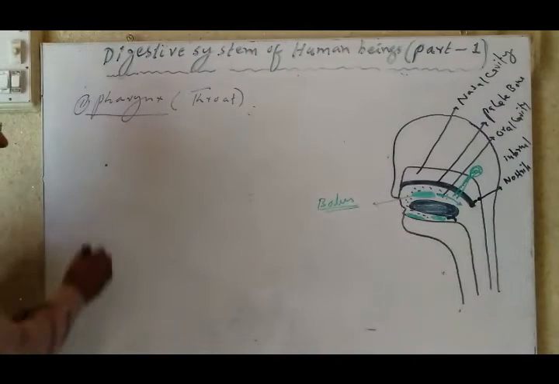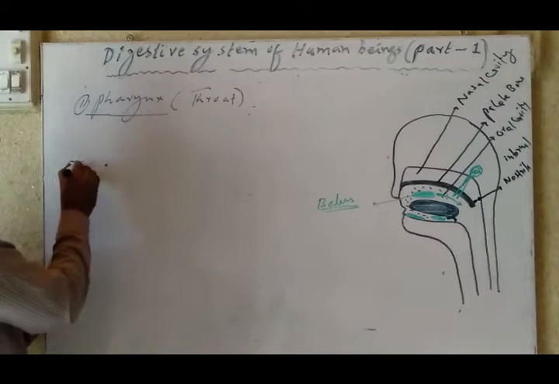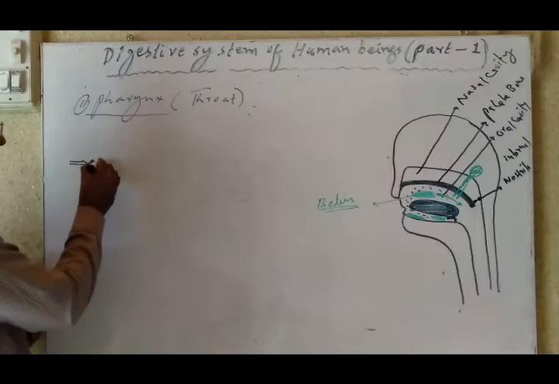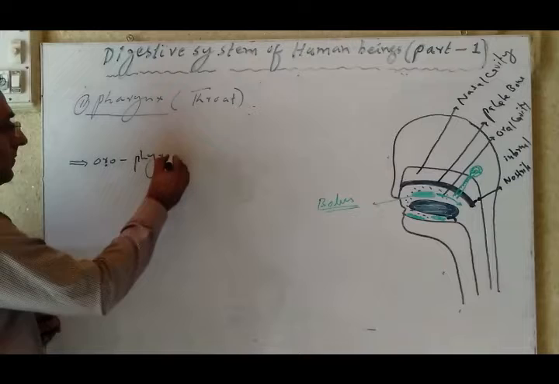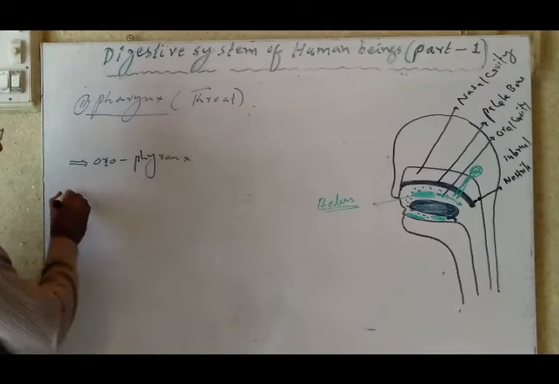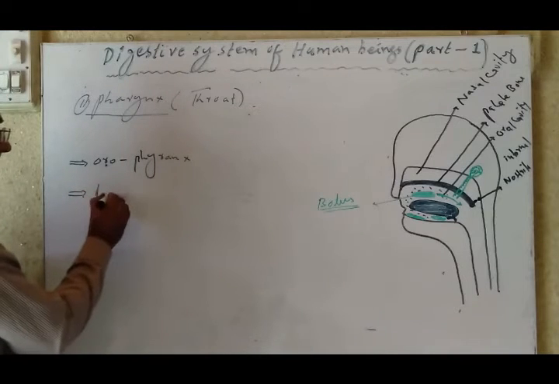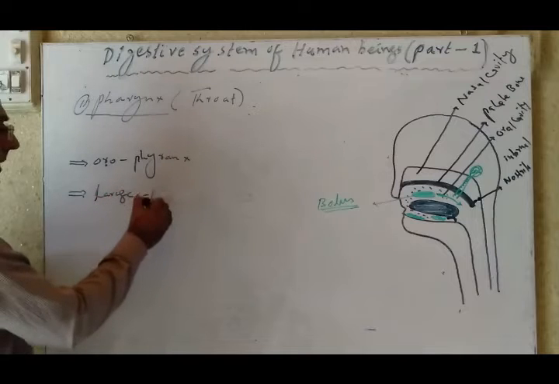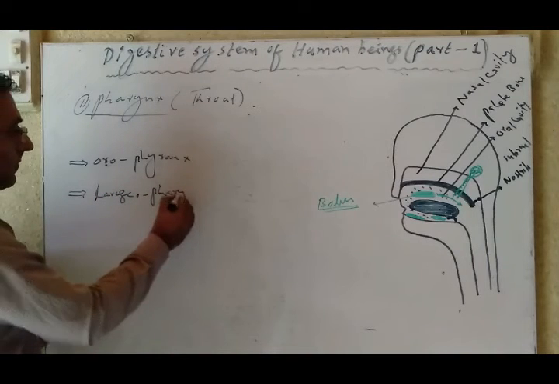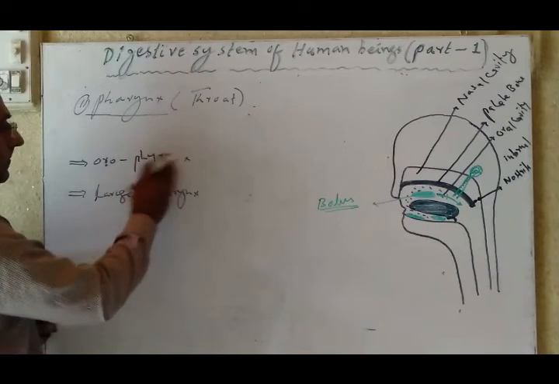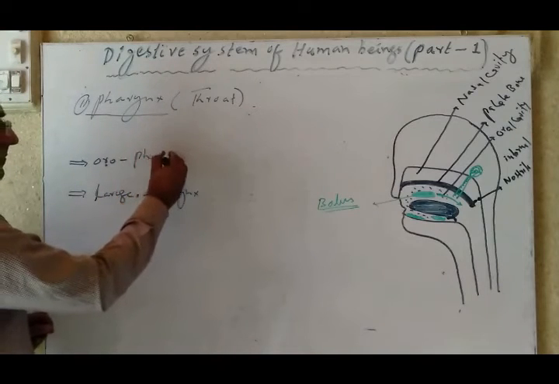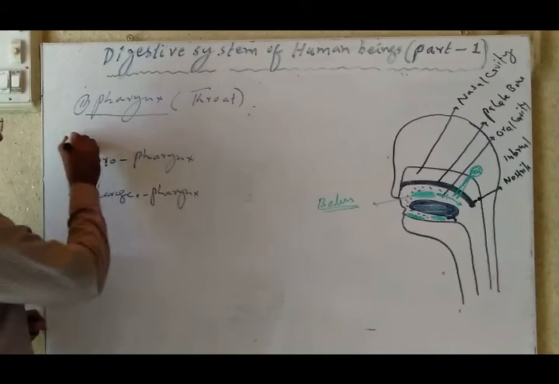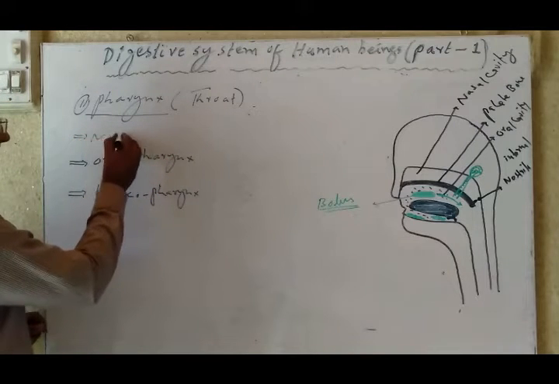This pharynx consists of 3 parts: oropharynx, laryngopharynx, nasopharynx.